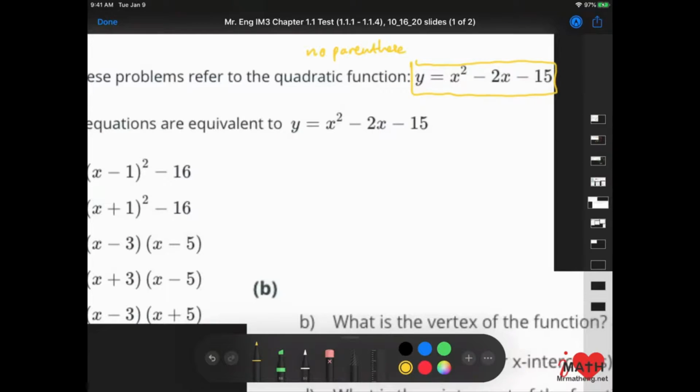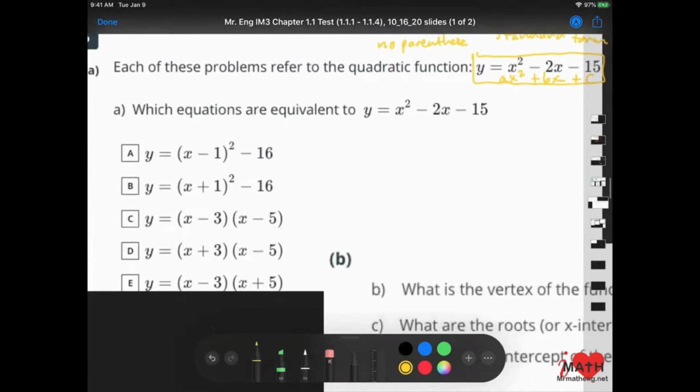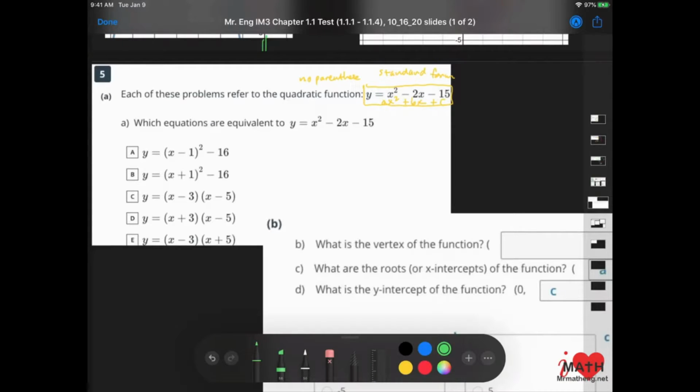So this is standard form. What is standard form? ax squared plus bx plus c. Okay, let's look over here now. What do you notice about choices A and B? In green, these are one set of parentheses, one set of parentheses.